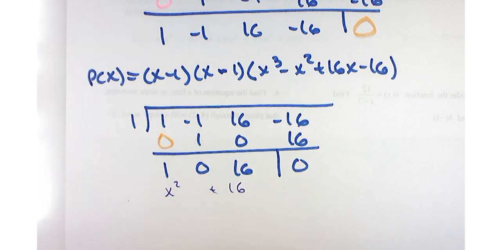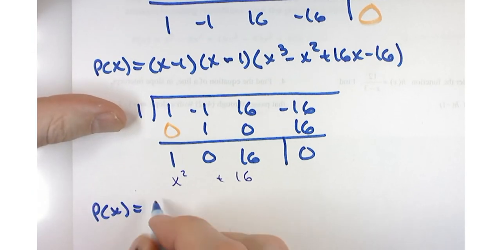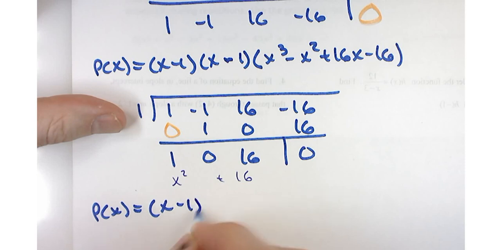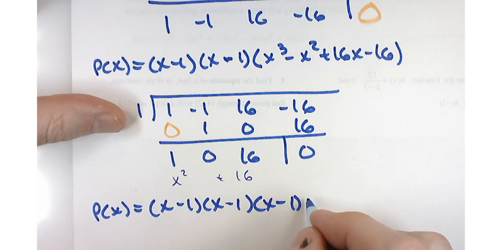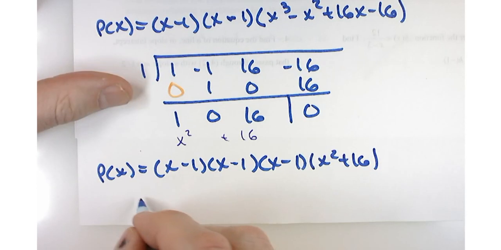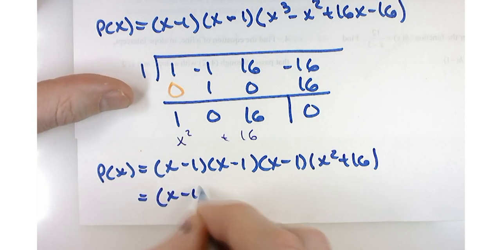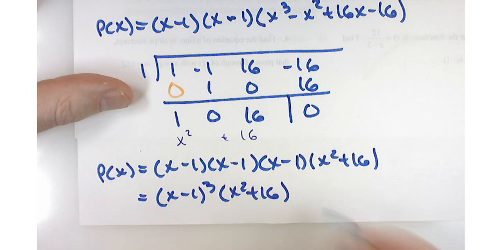That's all that's left. If we look at our polynomial p of x, it can be written as x minus 1 times x minus 1 times x minus 1, which of course we're going to rewrite as x minus 1 cubed times x squared plus 16.